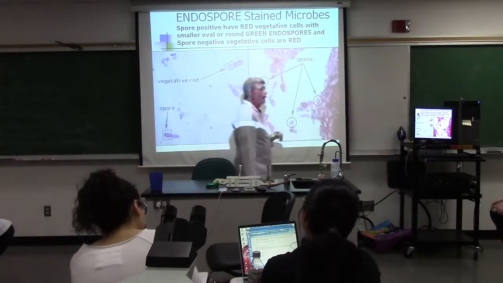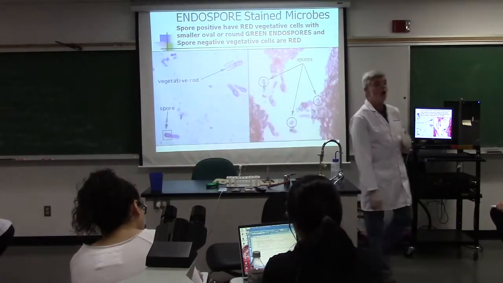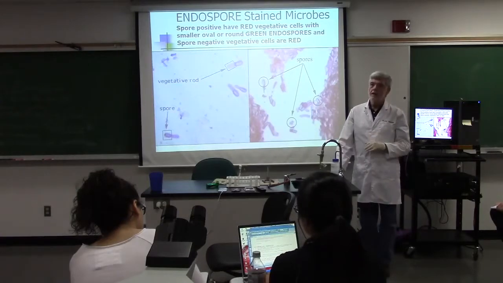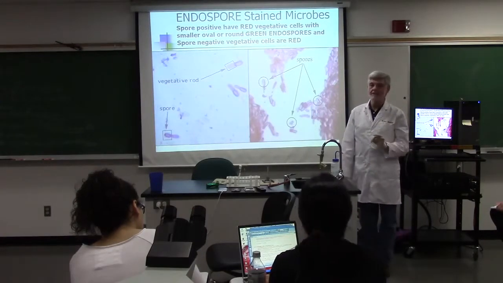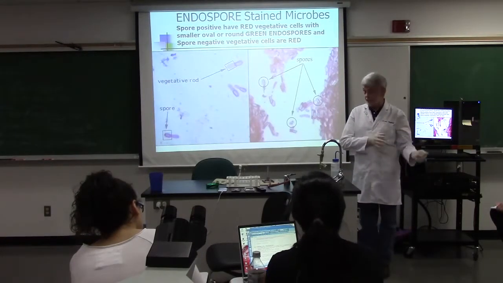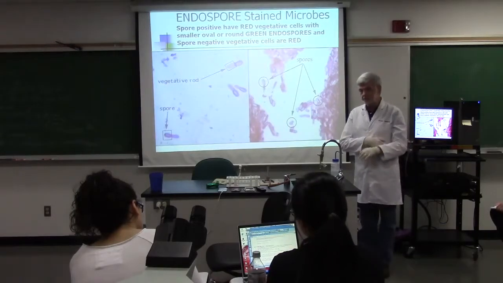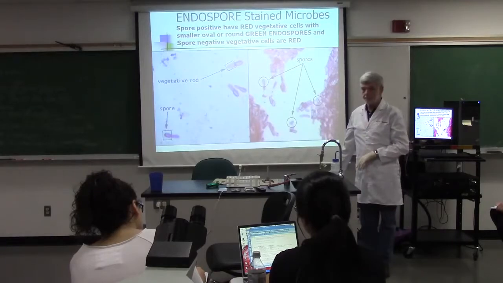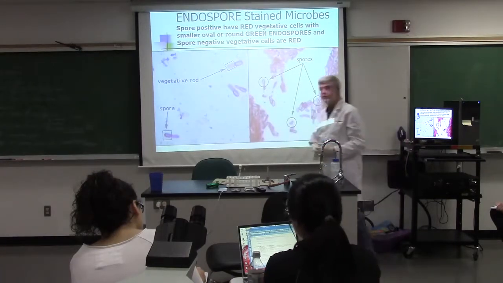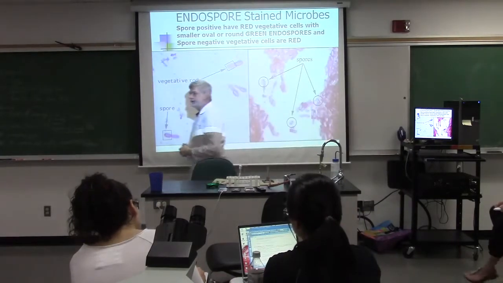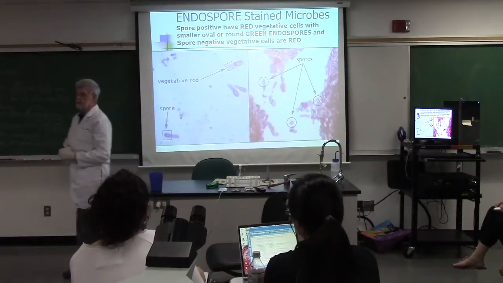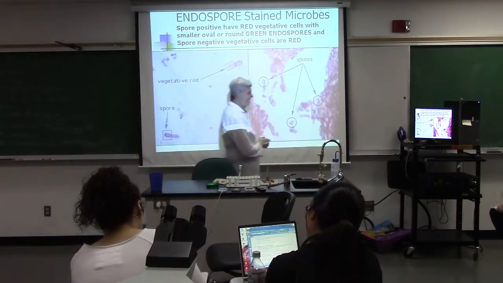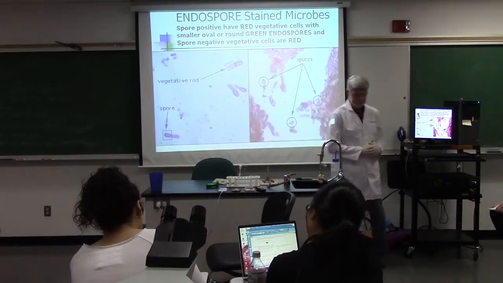Now, endospores are always rods or very small circles, they always come from rods. There is only one genus that produces endospores that's circular and it doesn't cause any disease, so we ignore it. So remember, whenever you see endospores, what's the vegetative cell shape going to be? Rod. It's going to be a rod. Now, sadly, subtilis.